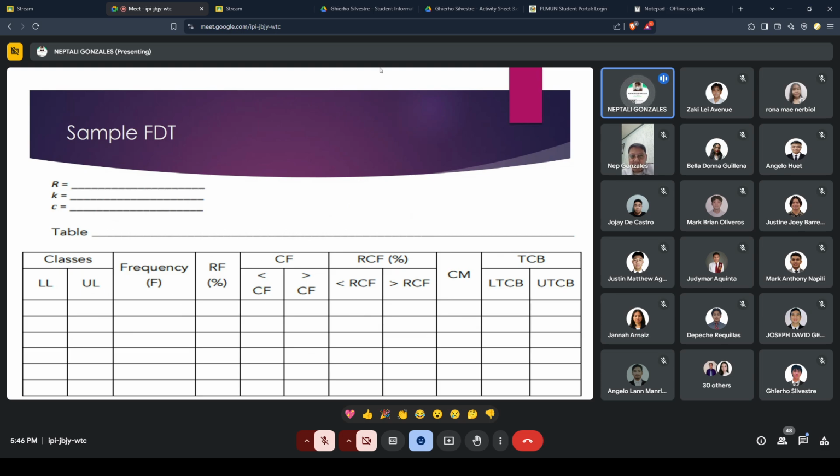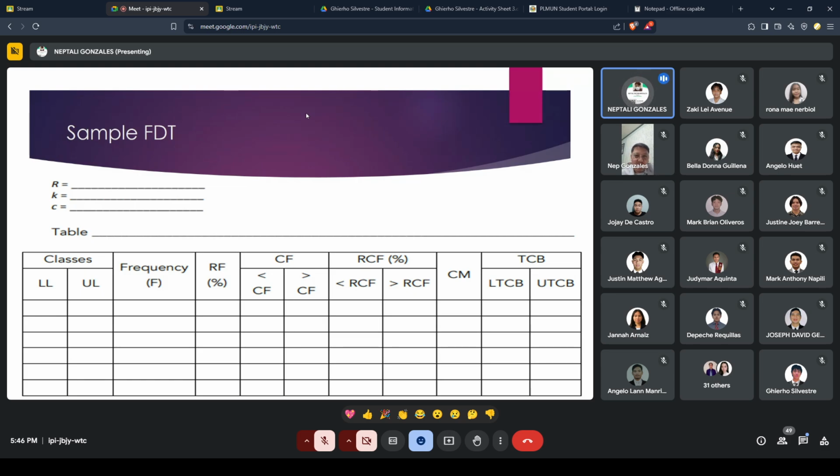So this is a sample frequency distribution table wherein you are going to find the R, the K, and the C. Then you will have the table title, and all of the rest will be computed. This is the start of the computation part of the statistics because we have finished exploring the types of data.